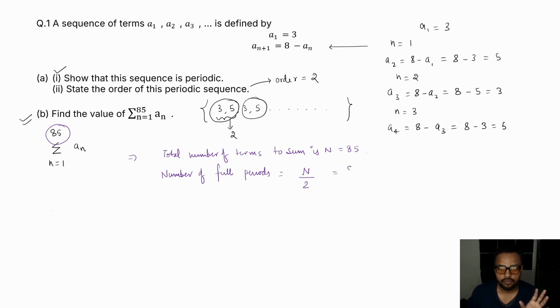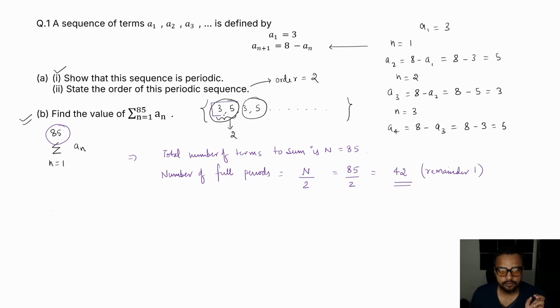So we are getting 85 by 2, which gives us 42, and the remainder here will be 1. Means the quotient is 42 and the remainder here is 1. So for the remaining term, I'll tell you how to proceed ahead. 42 is the number of full periods.